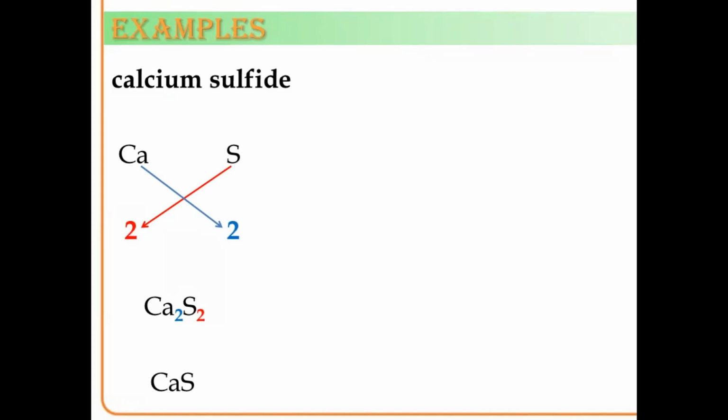One more example. Aluminium oxide. We are going to follow the same steps. First thing, we write the symbols for the elements. For aluminium, the symbol is Al. For oxide, which is oxygen, the symbol is O. I put down the valencies. Aluminium is in group 3, so the valence is 3.